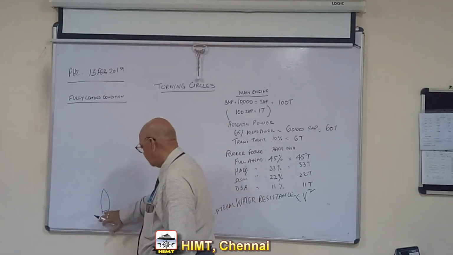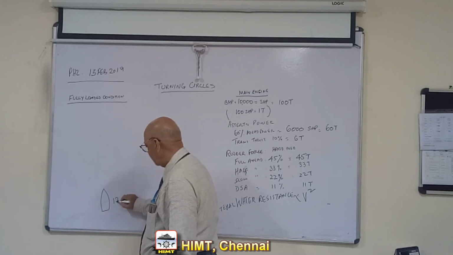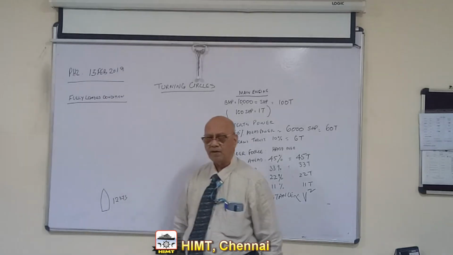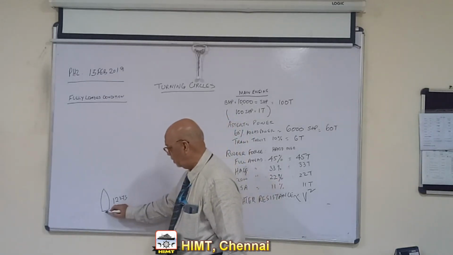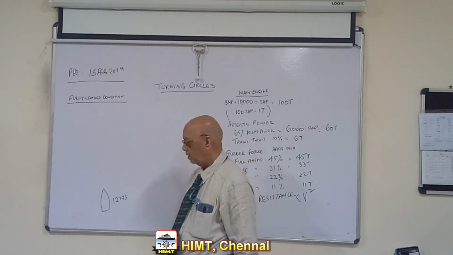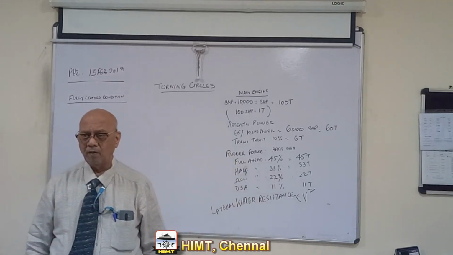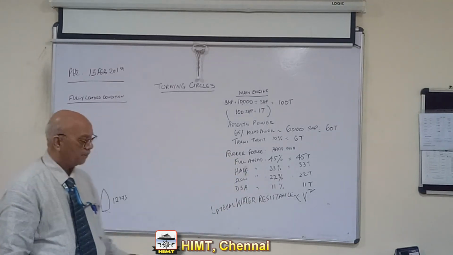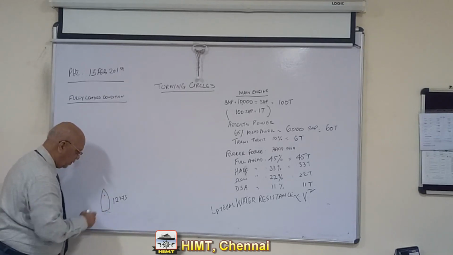Now let's say that we are doing 12 knot speed, and we put the rudder to starboard. So here, the pivot point is forward.